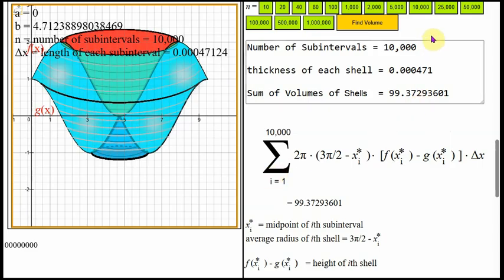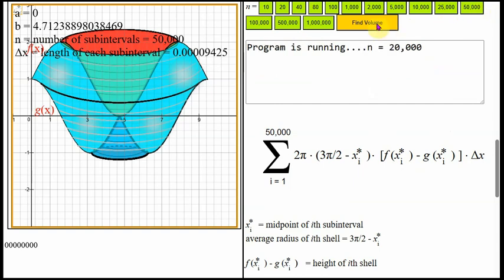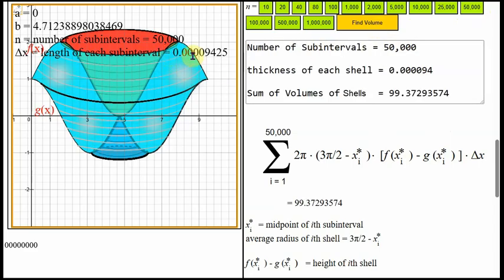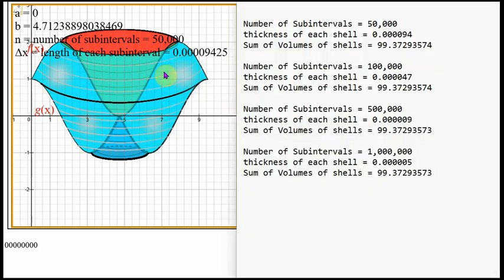If we divide it into 50,000 shells, the thickness of each shell is going to be very, very small, and the volume of the 50,000 shells will be 99.3729. And here's the rest of it.